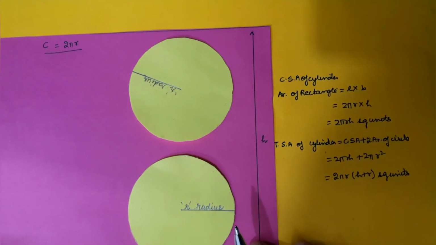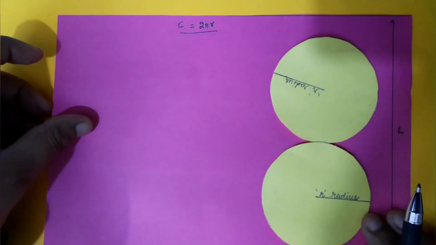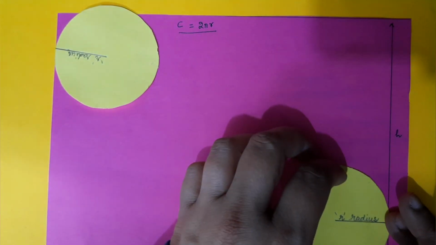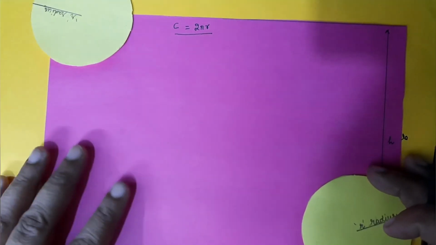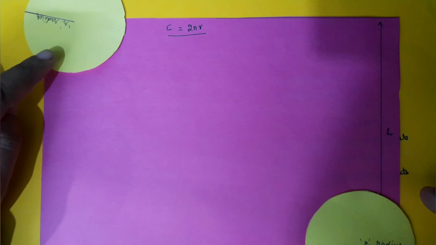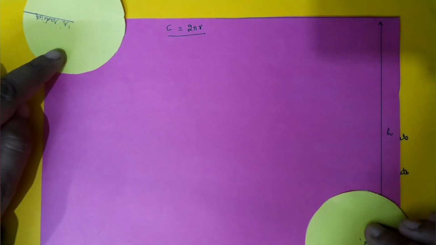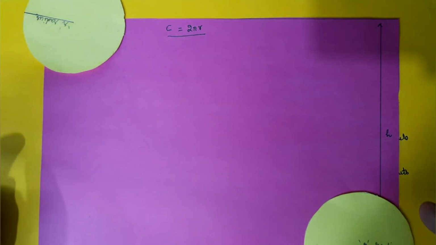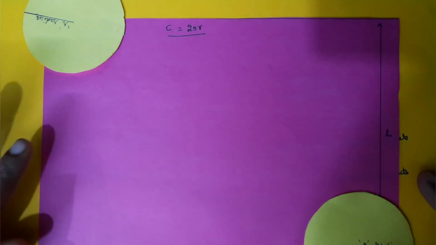When you are supposed to paste this, you are supposed to paste it like a proper net with this rectangular piece in the center, and the two circles, one at the top corner and one at the bottom corner, representing that it forms the top, it covers the rectangle at the top and it covers the rectangle at the bottom, making the two plane surfaces of the cylinder, that is we have one at the top and bottom, and this is how you are supposed to do the pasting.